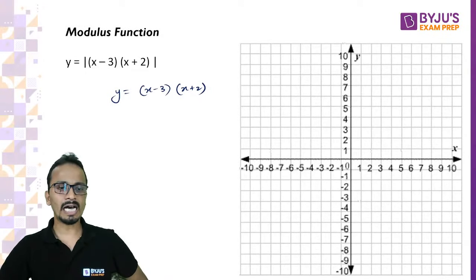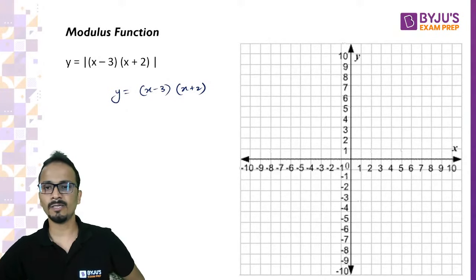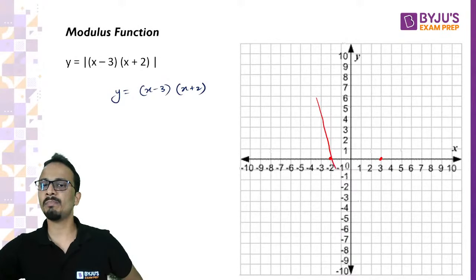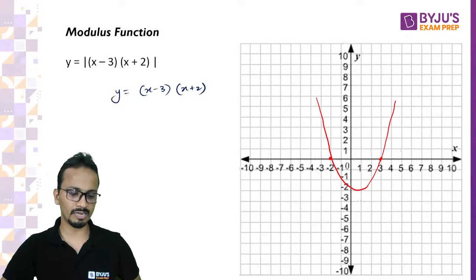This particular graph will have roots at plus 3 and minus 2, and the shape of the graph will be an upward opening parabola passing through minus 2 and plus 3. So this will be the rough shape of the graph.